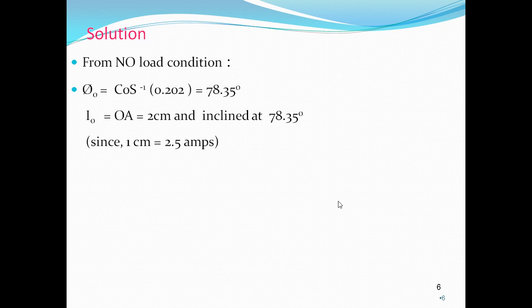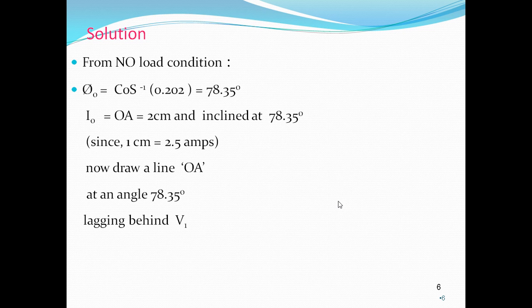So I naught is OA, that is 2 centimeters, because I naught is given as 5 amps. Now we have to draw I naught, that is OA, at an angle of 78.35 degrees.